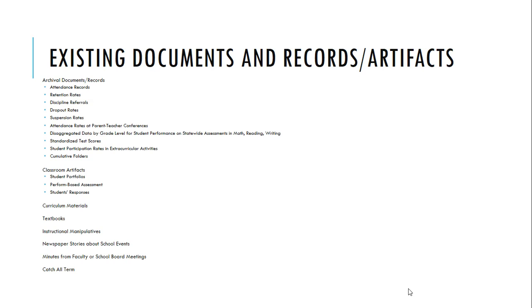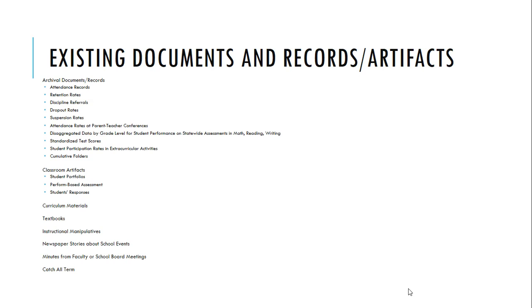So, basically, existing documents and records artifacts can cover so many different things. You have your archival documents or records that include your attendance, your retention rates, your discipline referrals, your dropout rates, suspension rates. It even includes the attendance rates at parent teacher conferences, which could refer back to the question of how things got the way that they were, possibly, or just historical information and insights into certain things.